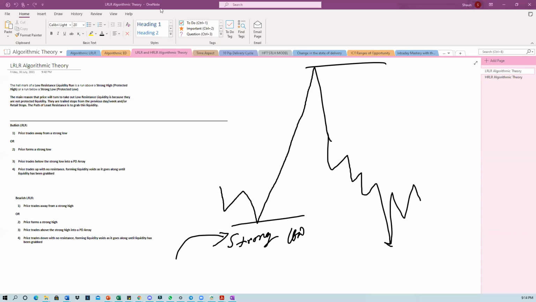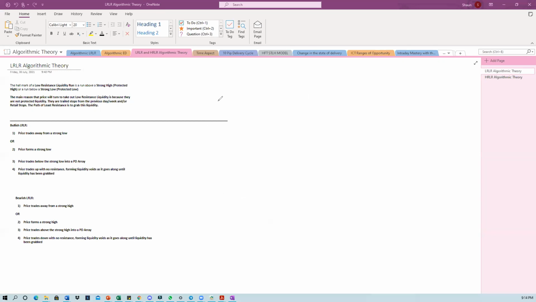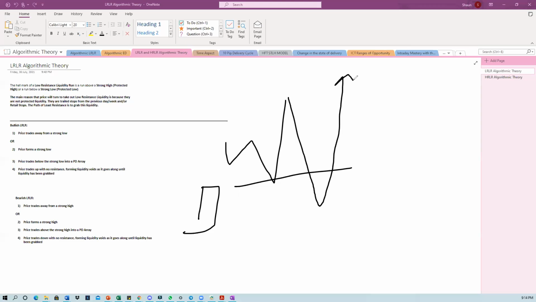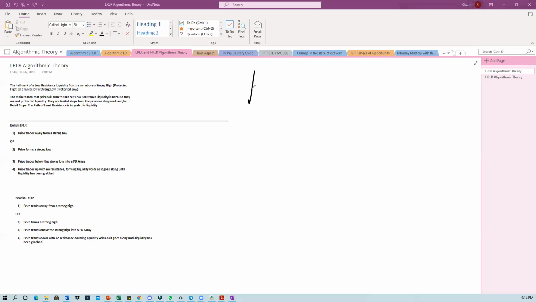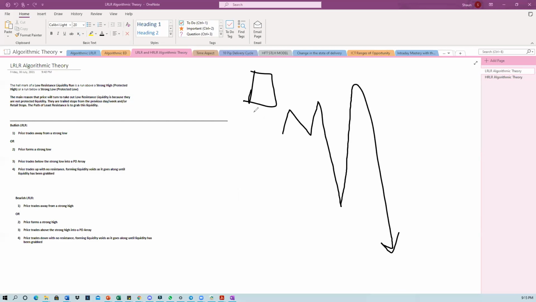That is why ICT also says the highest probability moves are when you have a PD array right below a low, price goes into it and then it goes higher, or you have a PD array somewhere like that and you have a high, it takes that high out and then goes lower. That is your ideal scenario for a low resistance liquidity run, either side, bullish or bearish.